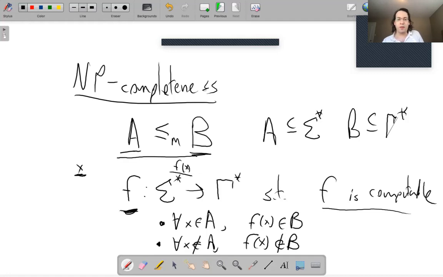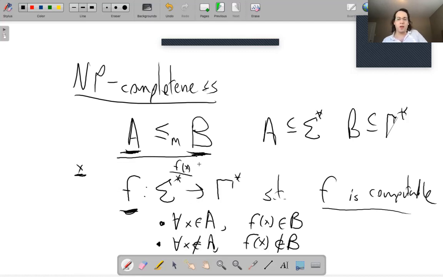It maps the problem of whether a string is in A into the problem of whether a string is in B. We denote it with a less than to remind ourselves that if we had an algorithm for B, we get an algorithm for A. So in other words, B is harder than or equal to A in terms of decidability. And we had that if B is decidable, then A is decidable. If B is recognizable, then A is recognizable.